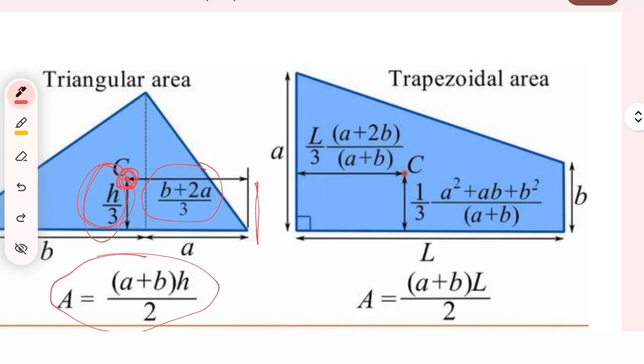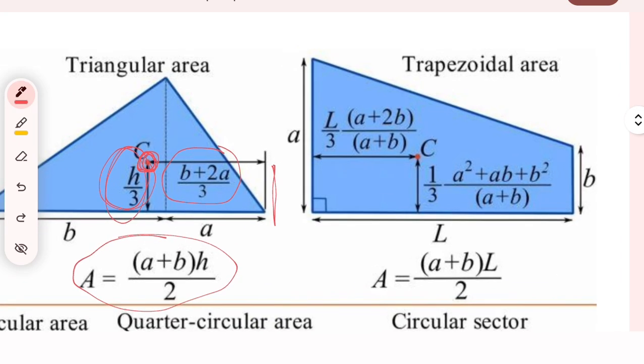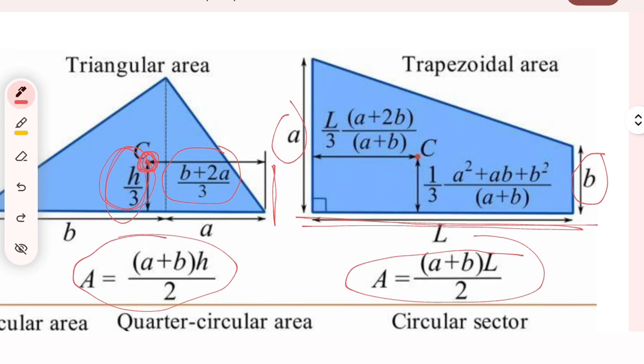What about if the shape is trapezoidal in form? So remember the area of a trapezoid. This is the area of a trapezoid: a plus b times L over 2. You have a on one side, b on the other side, L is its length, and then divided by 2. What about the centroid of a trapezoid? The centroid of the trapezoid is located there, and it is actually 1/3 of this formula.